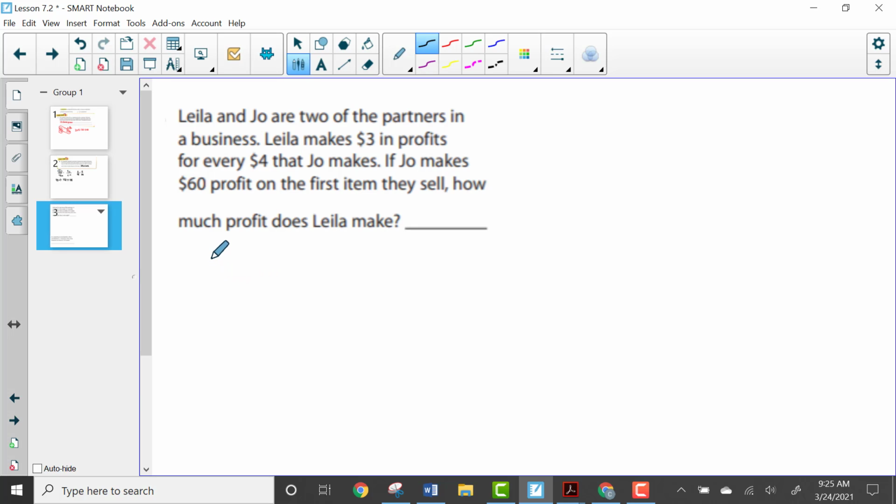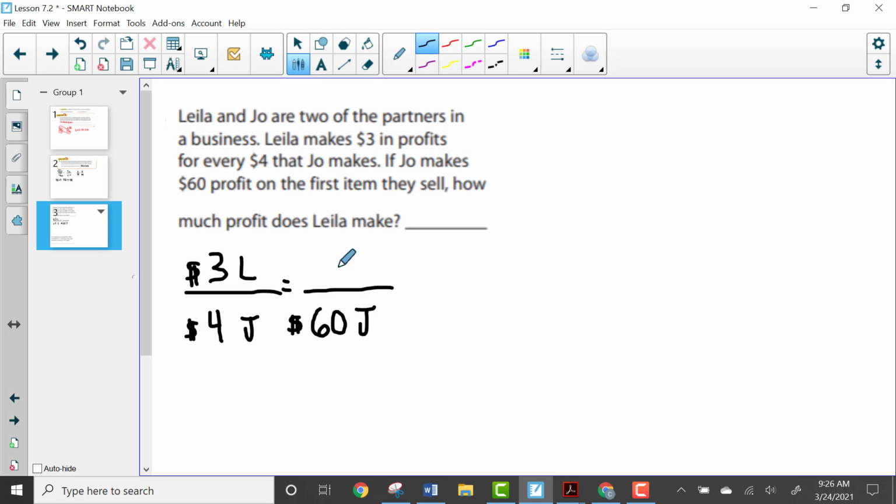So we have 3 for Layla, and we have 4 for Joe. That's going to equal, we know it's $60 for Joe, but we don't know how much for Layla.